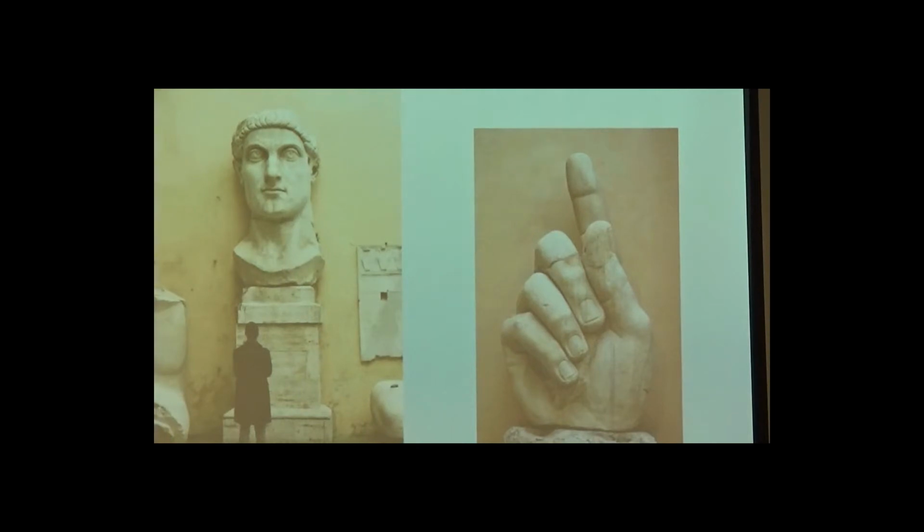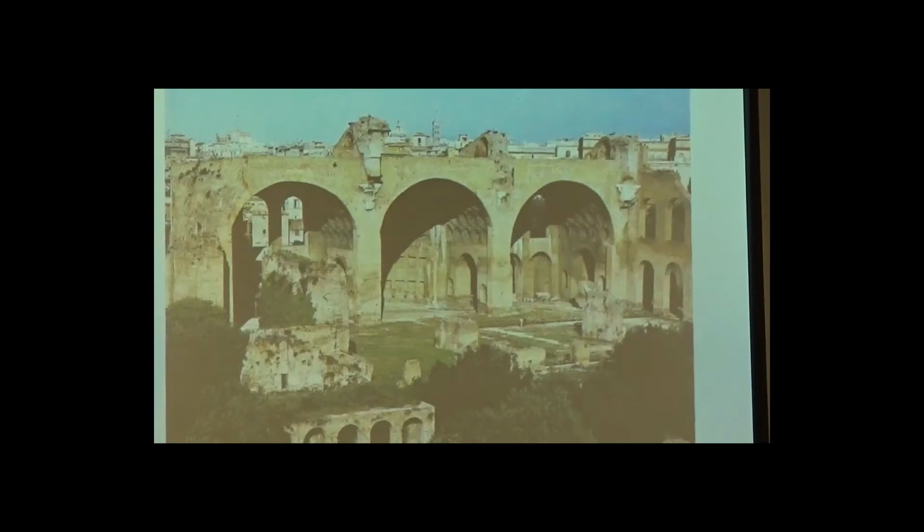He looks like he's off into another dimension, which is a kind of a change for Romans. Remember that Roman art was very naturalistic. It was very much about the here and now. So this statue, I say, is key for changing us into what we are today.